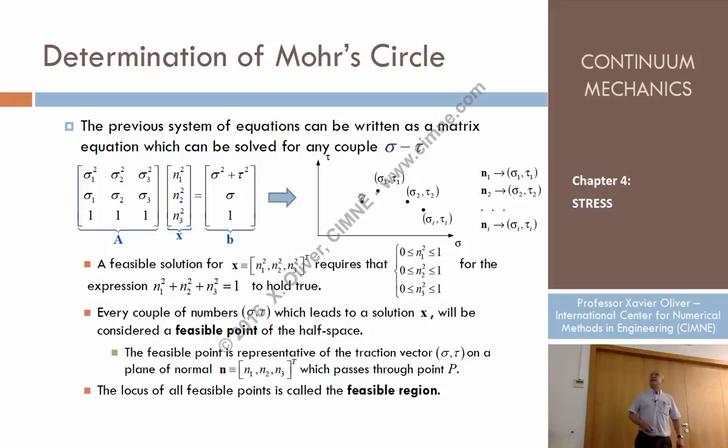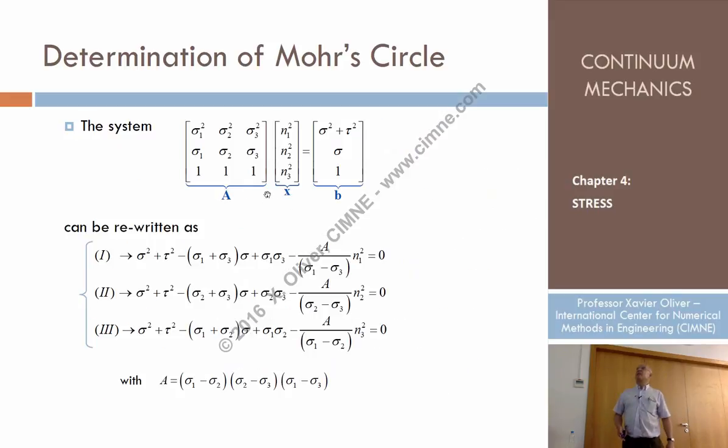Okay, so now let's try to find out what is the feasible locus that I would obtain if I just want to look for feasible values, so for values of the counterpart of given tractions, sigma and tau. And this allows us to go into the system. This system can be rephrased just by some operations in a more suitable form, three equations like that.